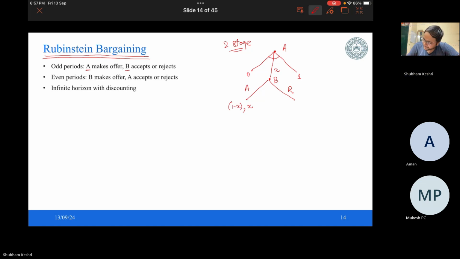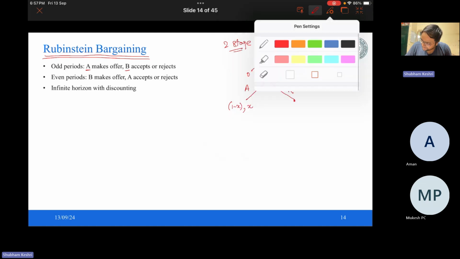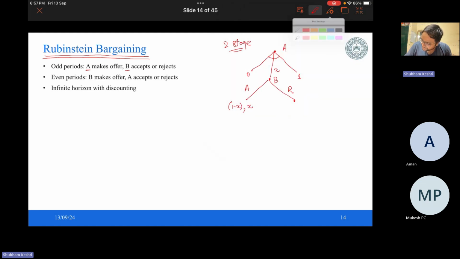All right. Now you see, when there is a discount, suppose the discount is delta. I am not able to write delta properly, so it may seem like I'm writing S. So I'm sorry for that. Bear with me. So this 1 will be multiplied with delta, and the maximum which is left is delta, right?